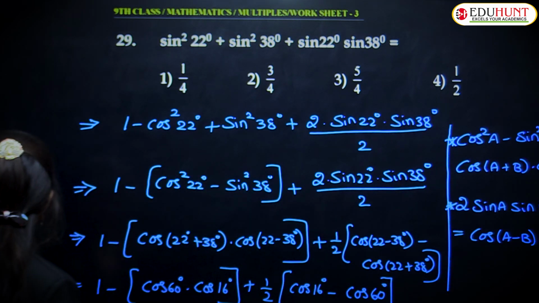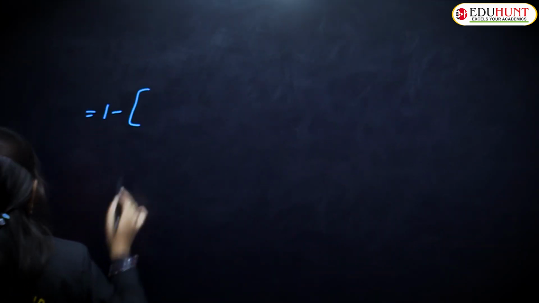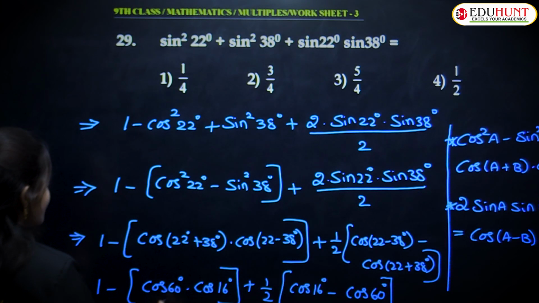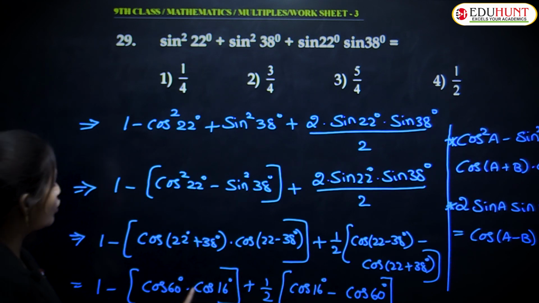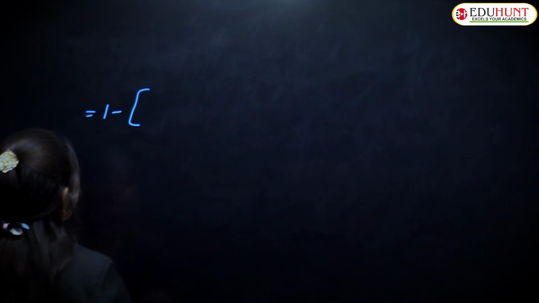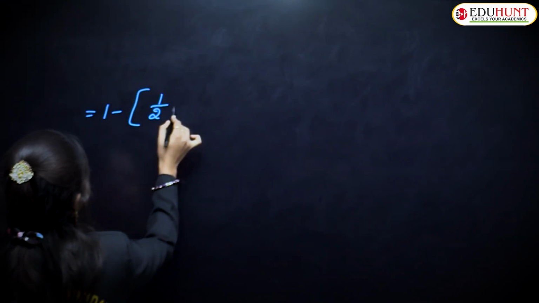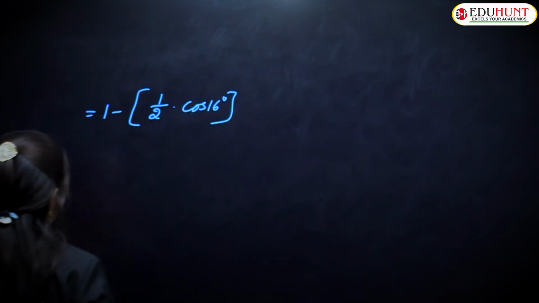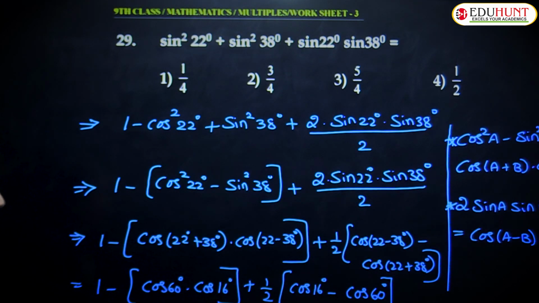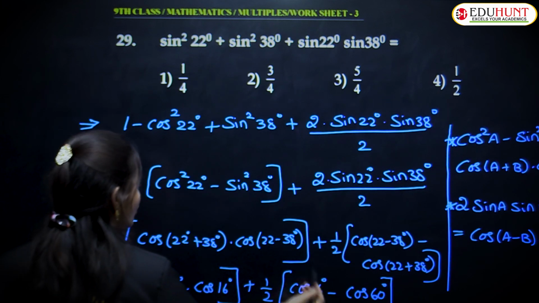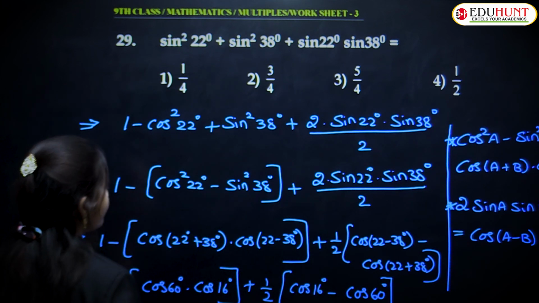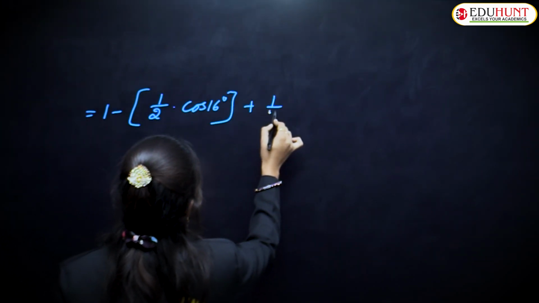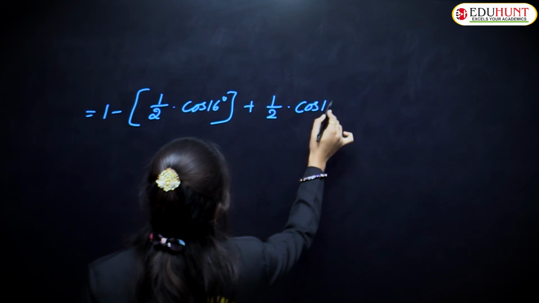Okay, now simplify that. So 1 minus, cos 60 degrees is 1 by 2, cos 16 degrees. So 1 by 2 into cos 16 degrees, plus 1 by 2 into cos 16 degrees.